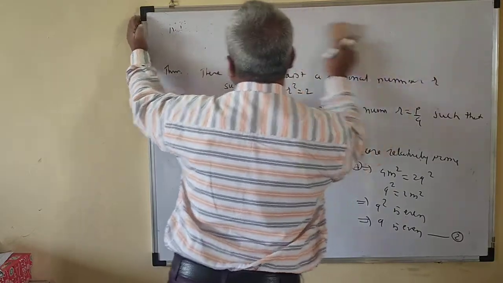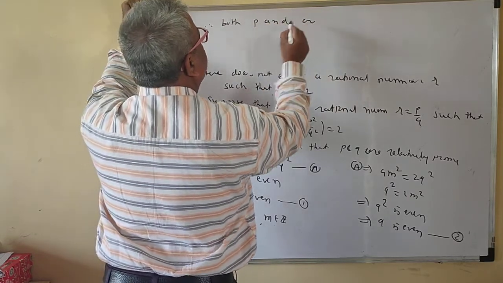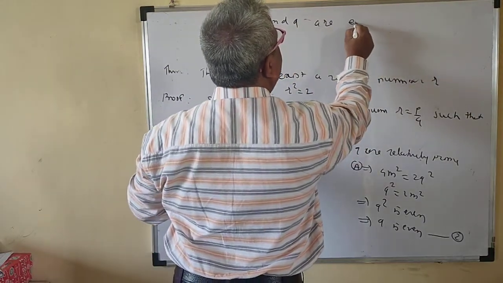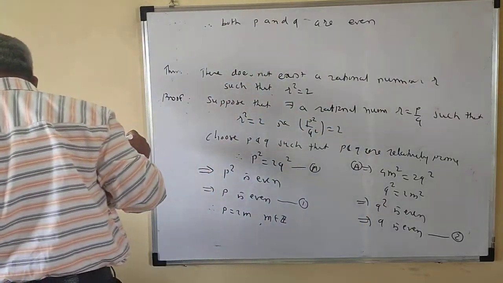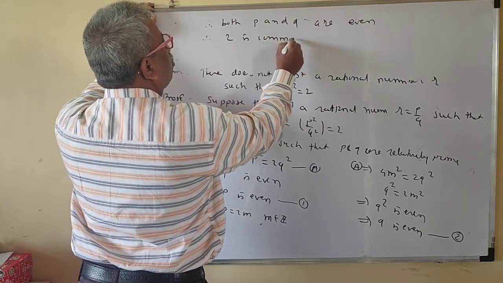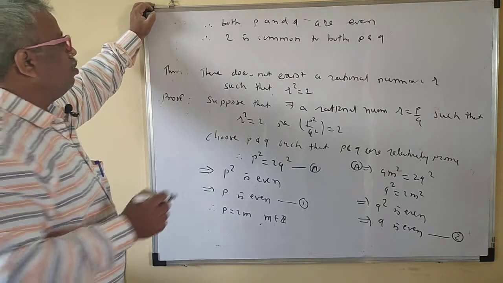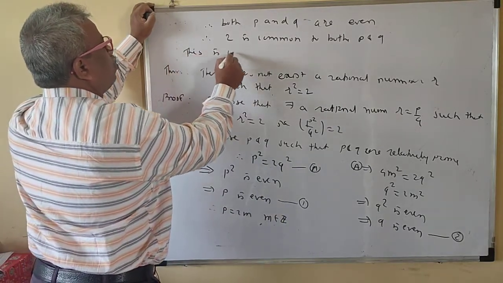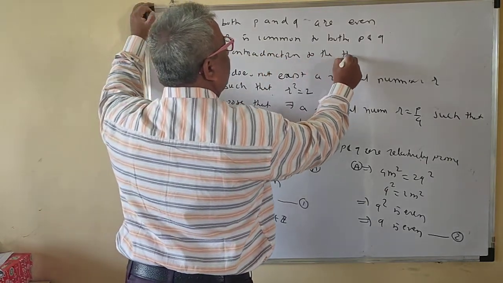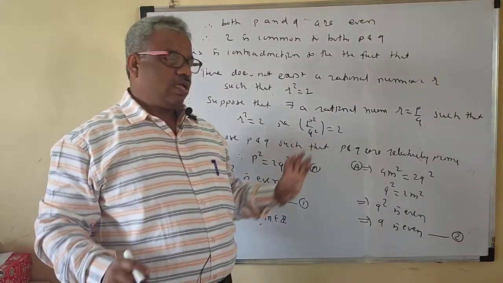So therefore both P and Q are even. So therefore 2 is common to both P and Q. This is a contradiction to the fact that, what we have taken, we have to choose P and Q such that P and Q are relatively prime.